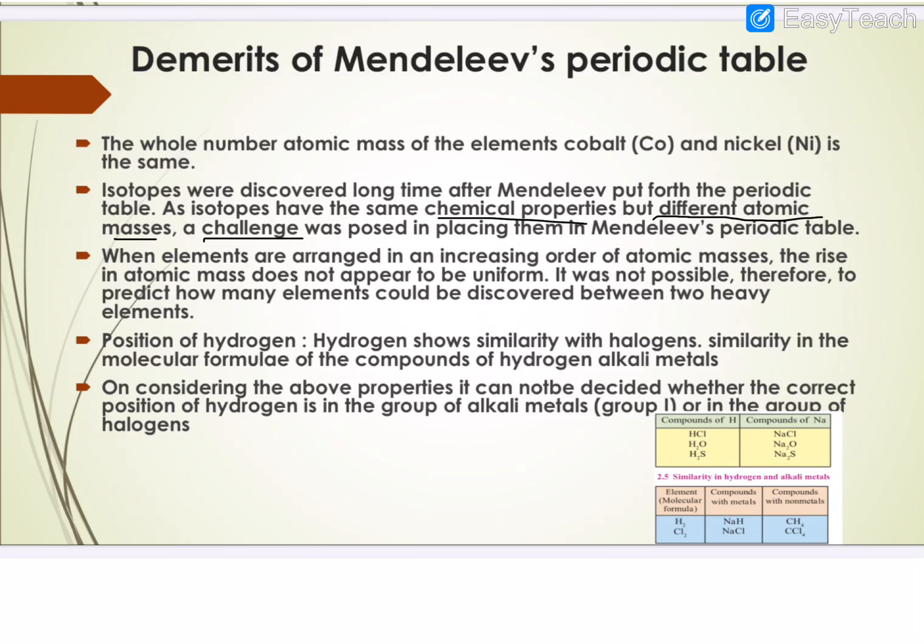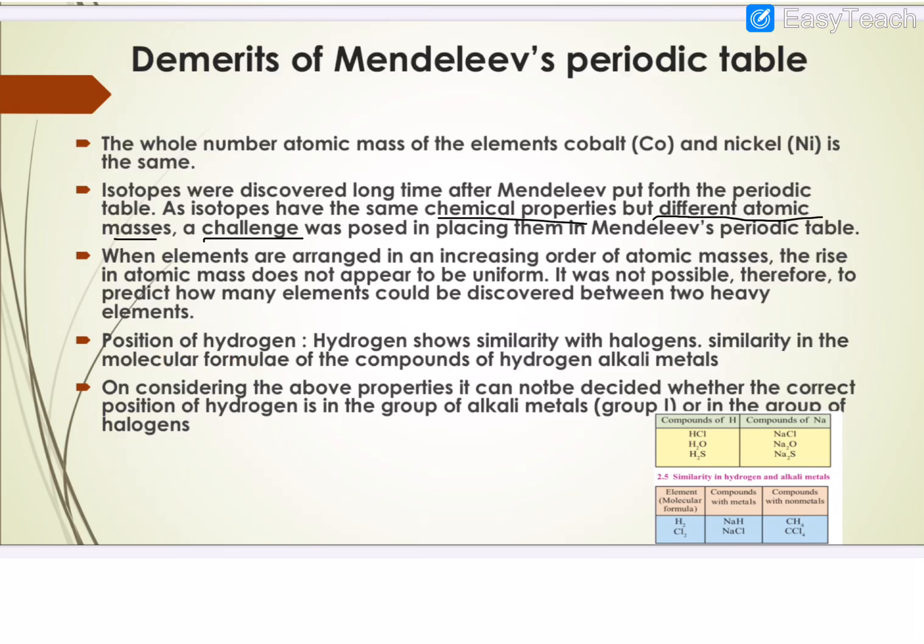So since the increasing order of atomic mass appears non-uniform in Mendeleev's periodic table, we cannot predict how many elements will be discovered later between two heavy elements.